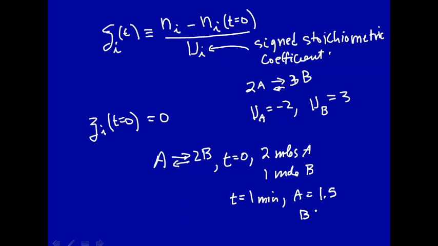And B now is equal to, you started with 1 mole, but for each mole of A you lose, you produce 2 moles of B. Or if you lost a half a mole of A, you produced 1 mole of B. So the amount of B at time equal 1 minute is what you started with plus what you produced from this reaction. So the total amount is 2 moles. All right, so let's look at the extent of the reaction at time equal 1 minute.